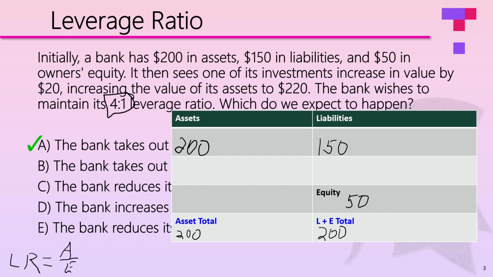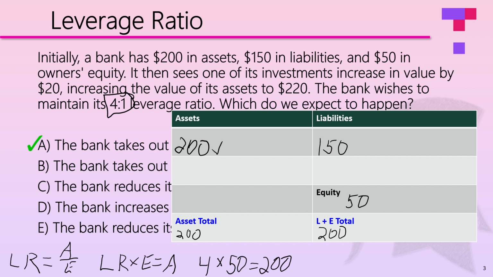You can also think of it as leverage ratio times equity equals assets. So we start off with a leverage ratio of 4 times our equity of 50 gets us to 200 in assets. And notice that's what we start off at: a leverage ratio of 4-to-1, 50 in equity, 200 in assets. Good there.